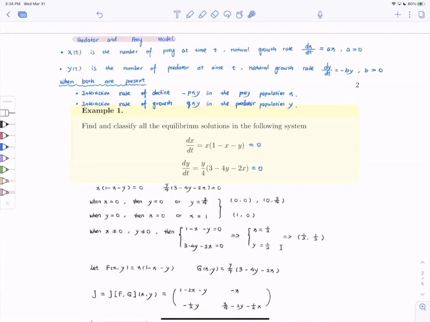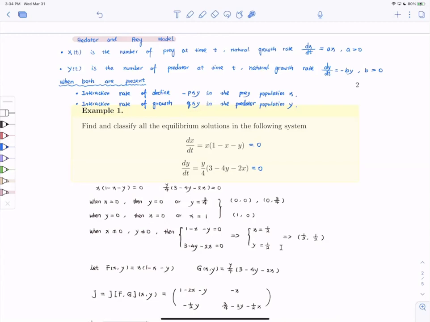Which means when they are together, you'll get two equations: dx/dt equals ax minus pxy, and dy/dt equals negative by plus qxy. So that's when they are together.